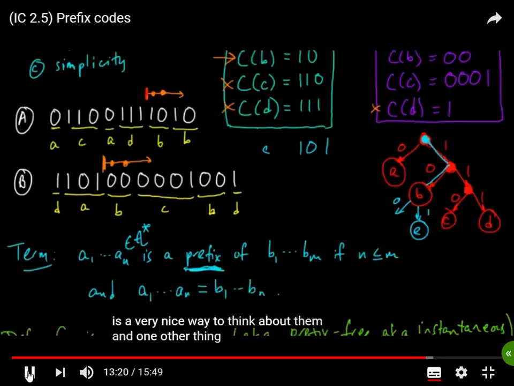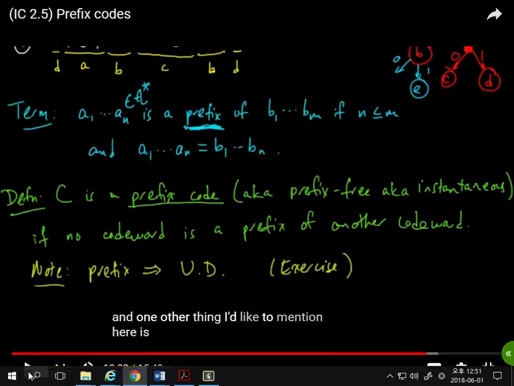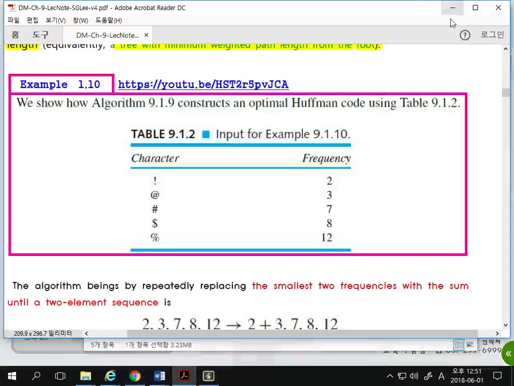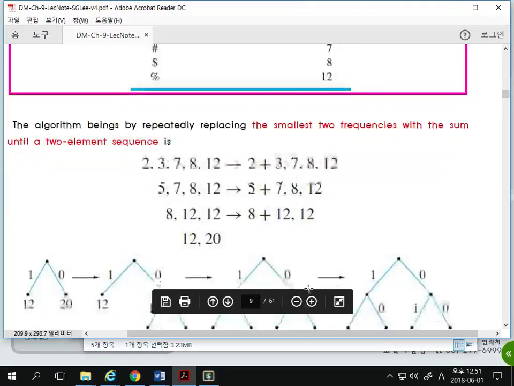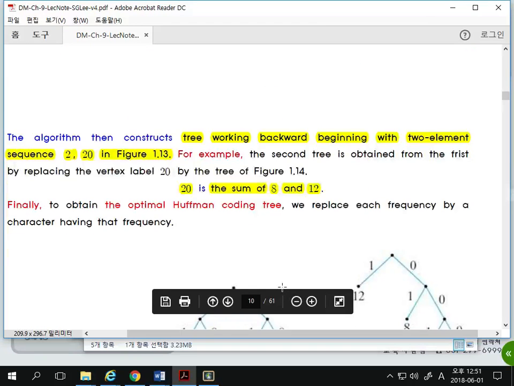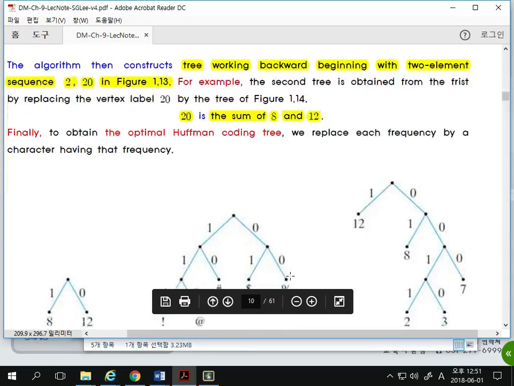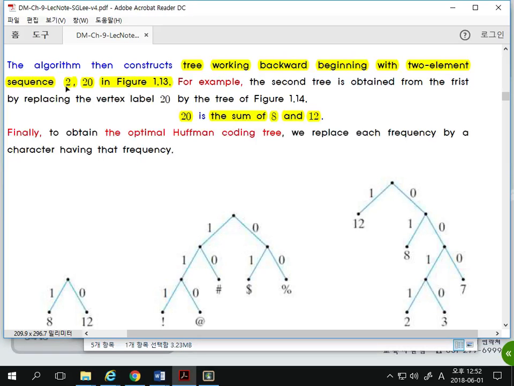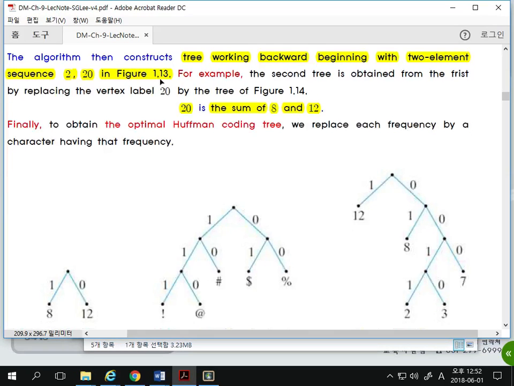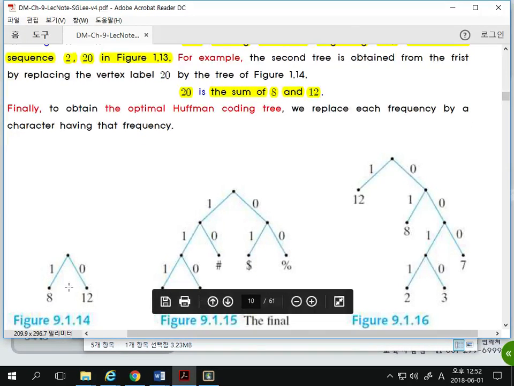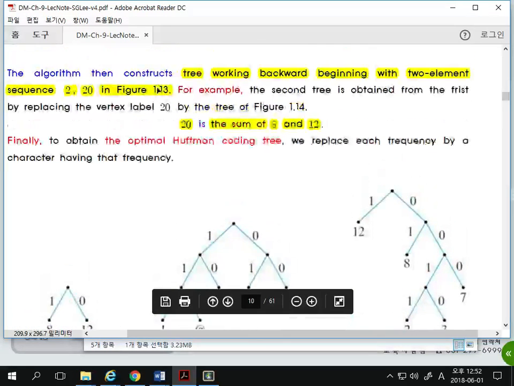And one other thing I'd like to mention here. You can find the details from there, but let's see how that algorithm works. This algorithm constructs a tree working backward, beginning with the 2-element sequence, 12 and 20 in figure 1.13, as you saw.